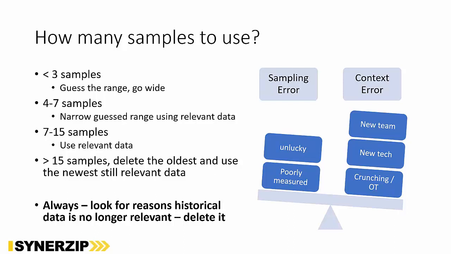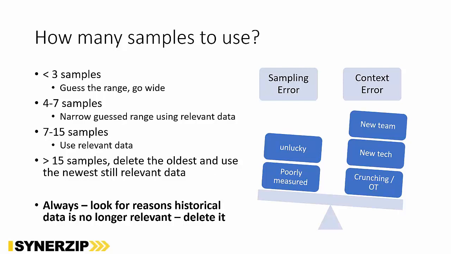So we're balancing context error about these sort of random events, like the team crunching, or that we've blown up a team and we've had to reform, versus the chance that we've got too much variability in the measurement of the numbers that we have. And we're moving between these two polarities constantly.